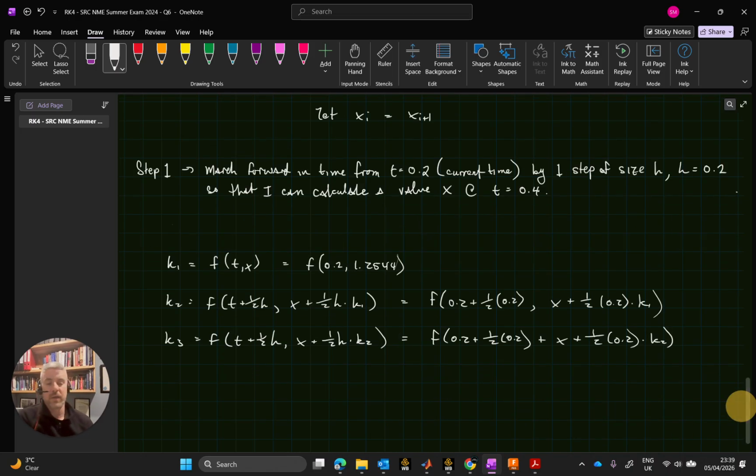And finally K4 uses K3, f is equal to t plus h, x plus h by k3, which is equal to the function of 0.2 plus 0.2, 0.2 plus 0.2, x.